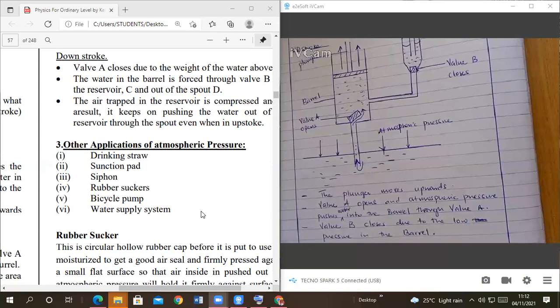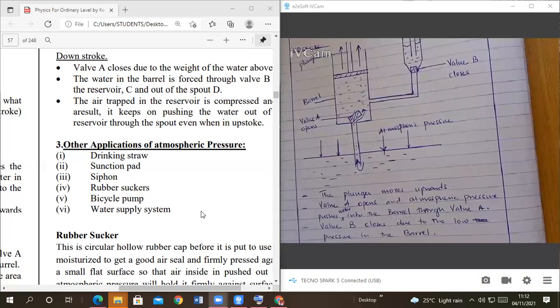So if a question comes that with the aid of a diagram, explain any application of atmospheric pressure, just draw a force pump and explain the downstroke and the upstroke, or draw a lift pump and explain the downstroke and the upstroke. But if they tell you to just state, you just state a lift pump, a force pump, drinking straw, sucking pad, siphon, rubber suckers, like that. You don't need to explain much.